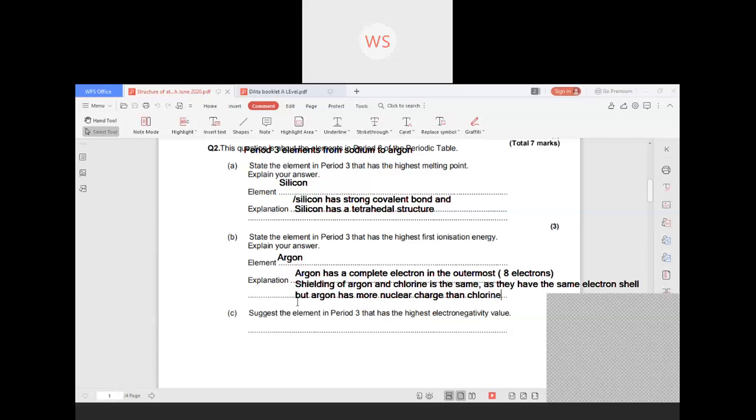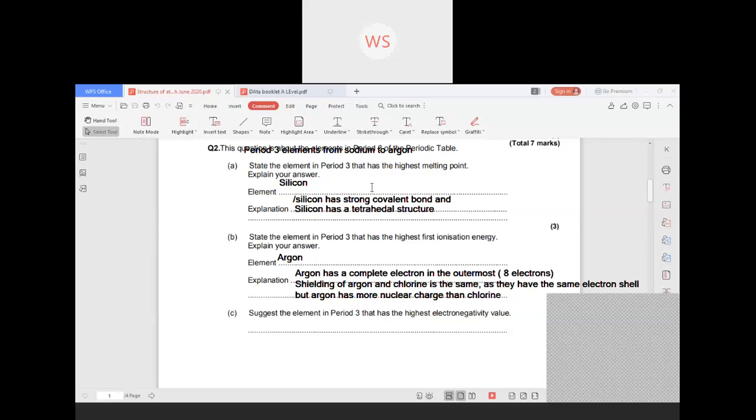Therefore it has the highest first ionization energy. And then suggest the element in period 3 that has the highest electronegativity.